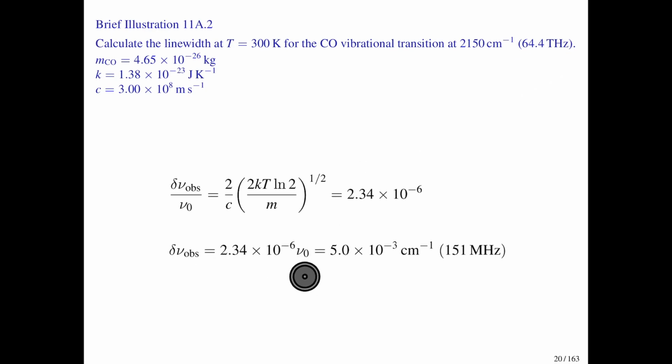So the Doppler line width under these conditions is not very large at all. It's fairly small, right? So 0.005 compared to 2150, so not very big at all. Although if you change the temperature, it would grow.